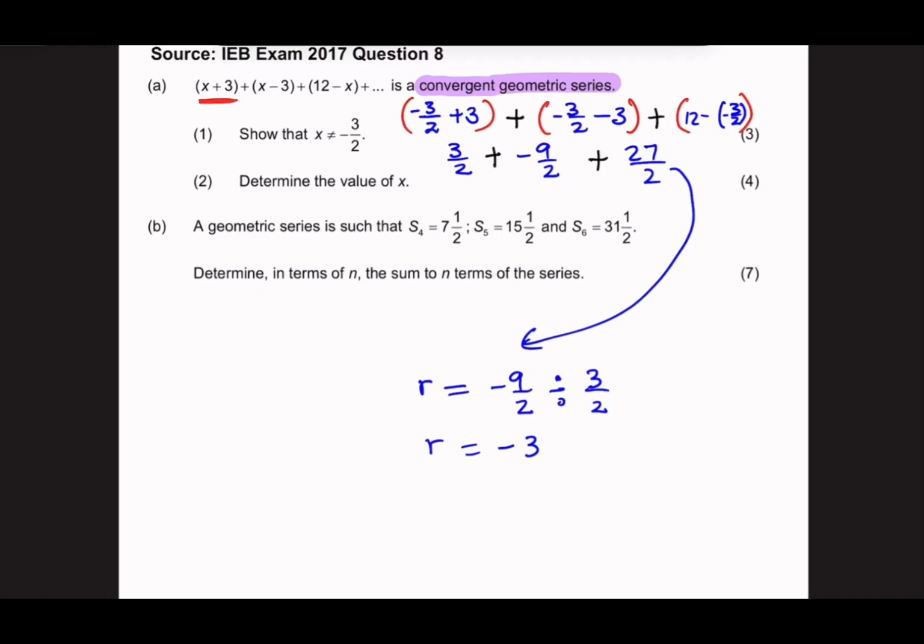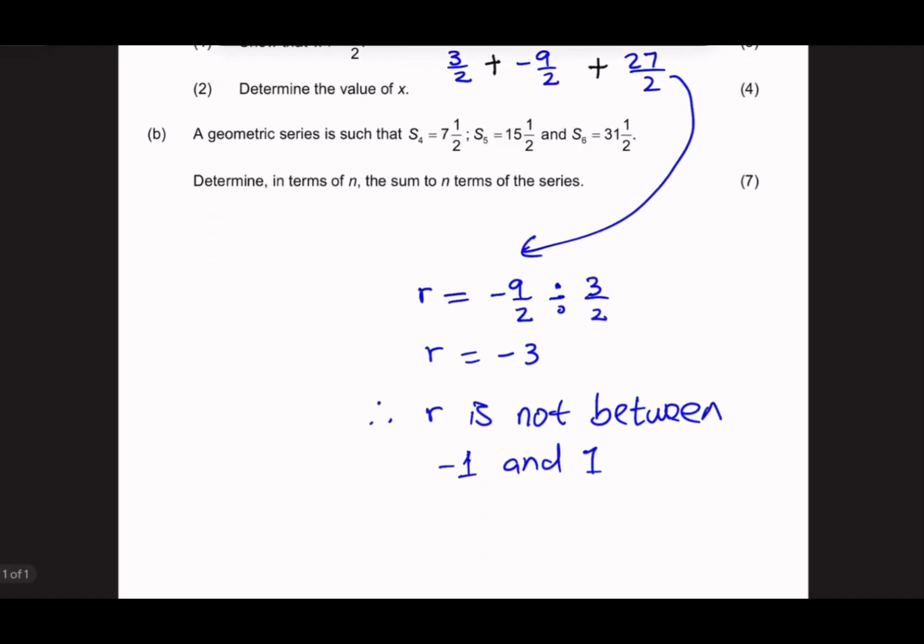But this is problematic because r is not between negative 1 and 1, and that's what you need. Therefore the series is not convergent.